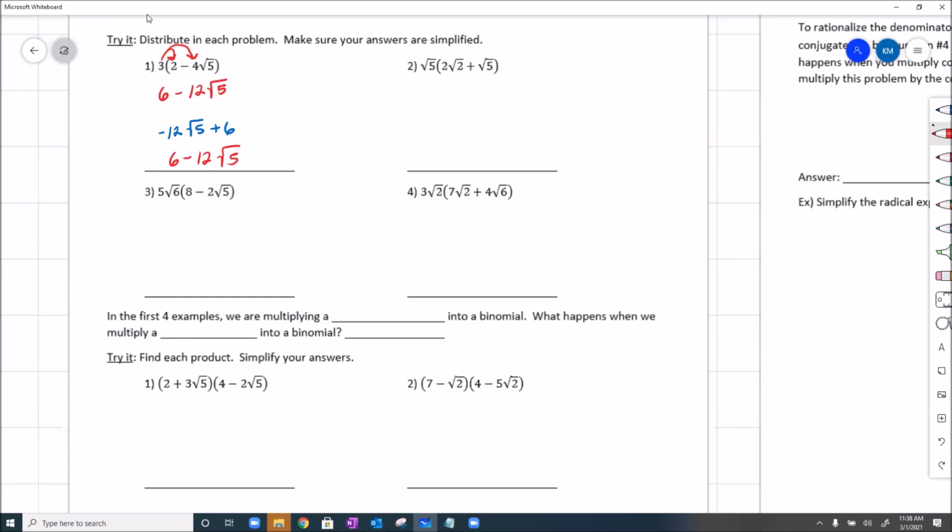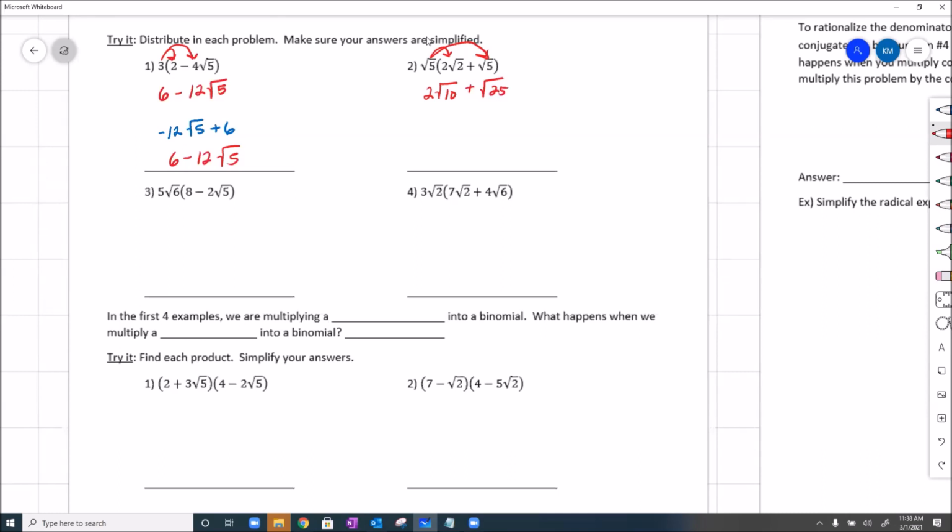Okay, number 2, radical 5 times 2 radical 2 plus radical 5. Again, we're distributing this and we're following the rule inside by inside, outside by outside. So I have 2, because radical 5 is on the inside, so we'll multiply that. Radical 5 times radical 2 is radical 10. And radical 5 times radical 5, that gives us radical 25.